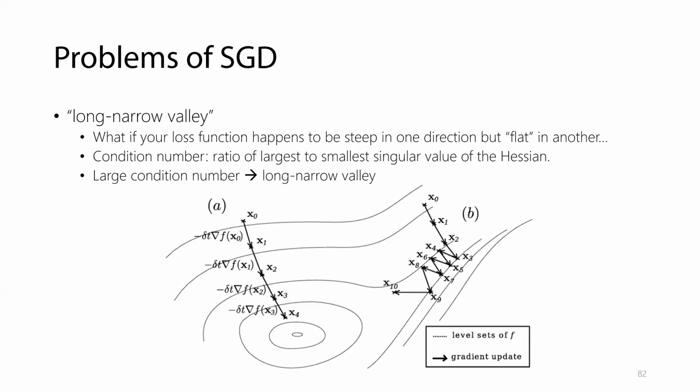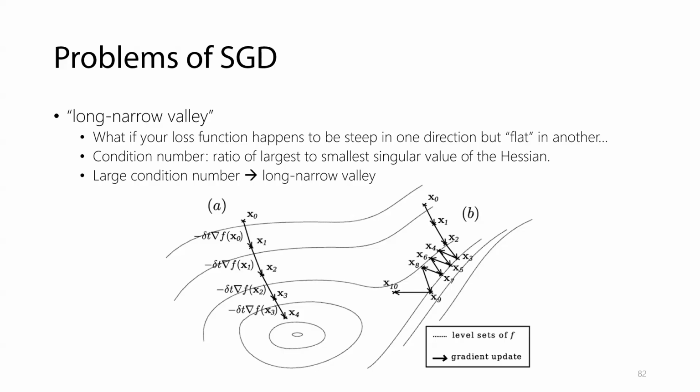In a nutshell, when you have a gorge in your loss landscape, literally a long narrow valley, where this is the minima that you want to converge to, but unfortunately you somehow ended up over here, the gradient will point towards the bottom of the valley as opposed to the actual minima.